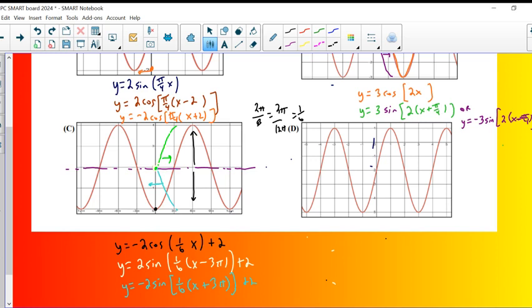Okay, last one. It looks like our equilibrium is here. Draw the halfway point. So it looks like our equilibrium is down 2 units, and our amplitude is 3. Right, 3 is how much we deviate from that line, and it's starting at that origin. So to me, this looks like a sine wave.